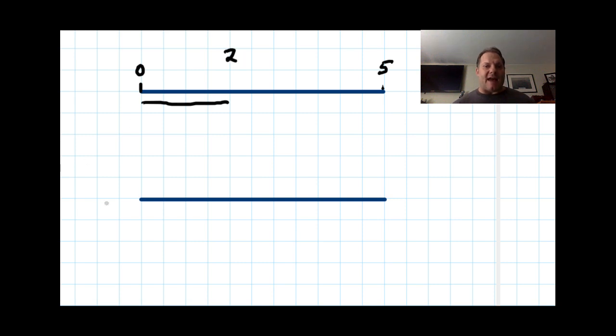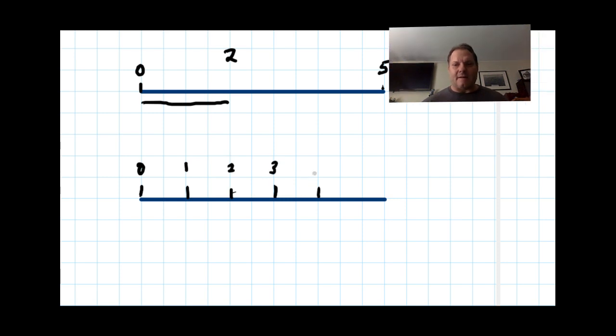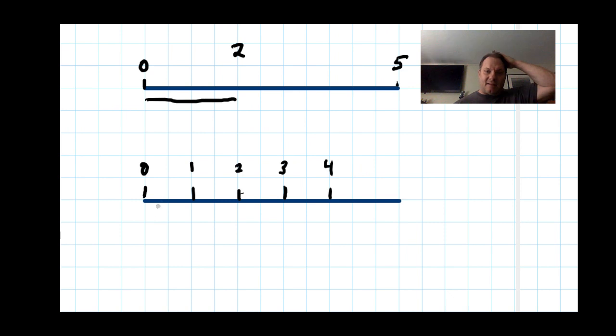Now, if I had a different scale and it were measured 0 here, 1 here, 2 here, 3 here, 4 there, and the line went to here, now I'd call that 2.0. So do you see the difference between 2 and 2.0?